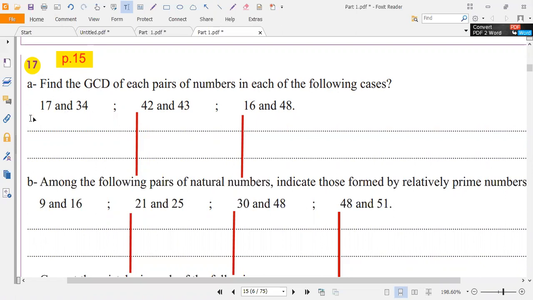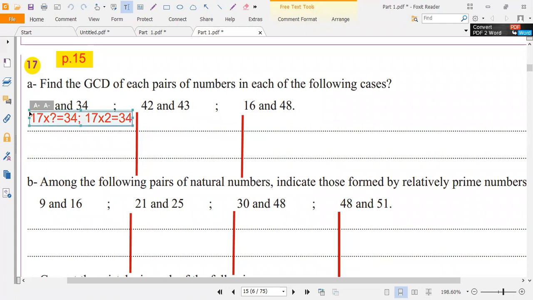This means the smallest number 17 times anything equals 34? Yes, it is 17 times 2 equals 34. So there is a relation between them. In this case, we know that 17 is a divisor of 34.